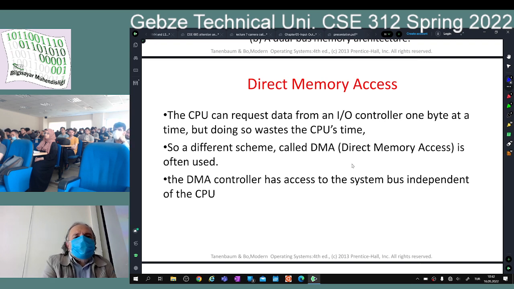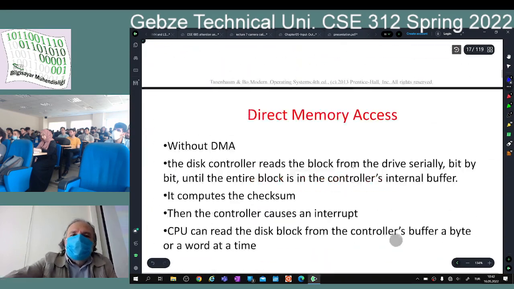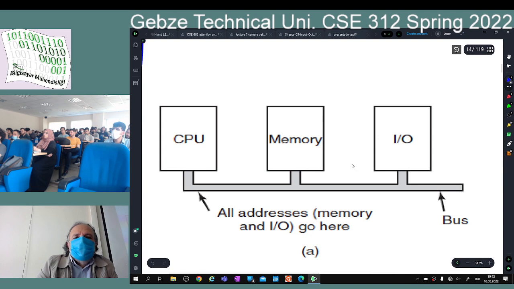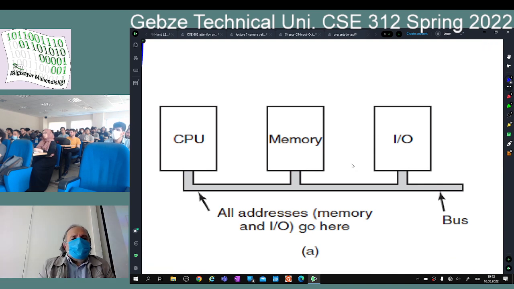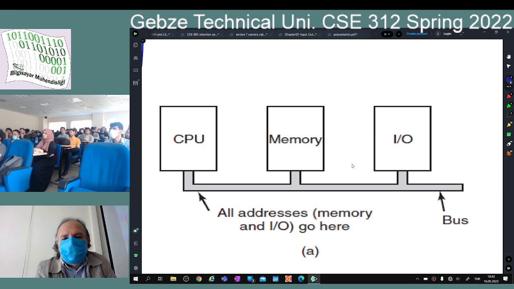So the thing is this: whenever we ask for data from an I/O device, the I/O device makes the data ready. Let me go back to my favorite picture again. The operating system asks one of the I/O controllers to load some data from somewhere, and the I/O device causes an interrupt and says, okay, your data is ready.